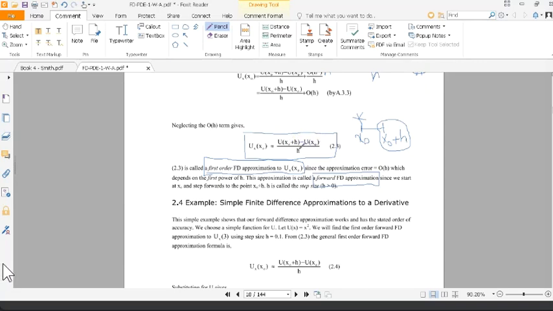It's the main step to understand the finite difference method. In this formulation, we compute u_x by using u, not u_x. I want to compute u_x and I should use u at x0 plus h and u at x0. Okay?